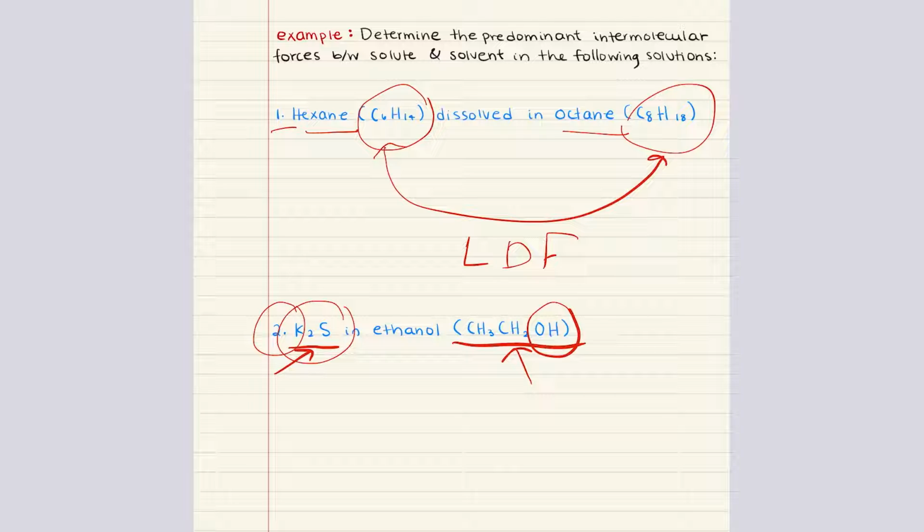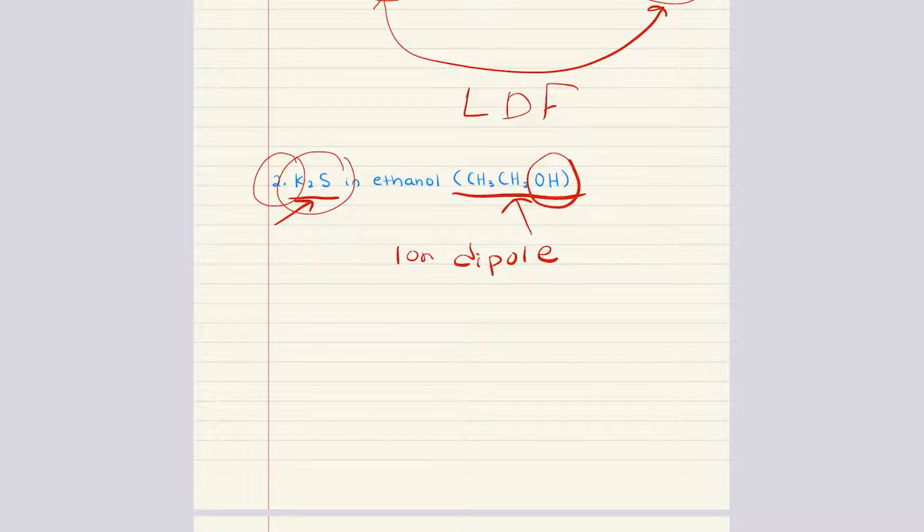So let's write that down, ion-dipole forces. And we can picture this by drawing our potassium cations that are going to be dissociated in solution. They're going to interact with the negative ends of our ethanol, so the oxygen of our ethanol molecule.